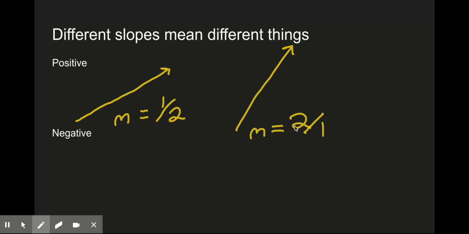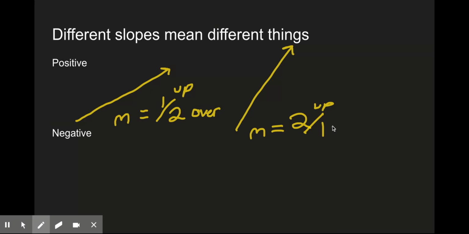Let's think about what this really means, right? This is saying that you will go up 1 every time you go over 2, meaning you're moving more laterally, you're moving more to the side versus how much you're going up. Here, this is saying, yeah, I want you to go up 2 every time you go over 1.